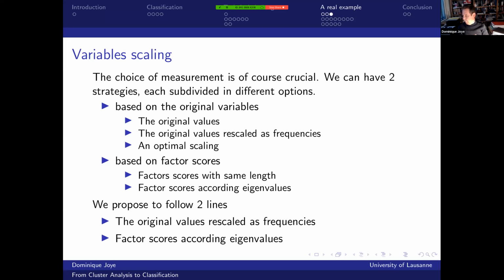So I will show you two examples. One, which is a little bit strange but nevertheless, is the idea to rescale the original values as frequencies, so each day is 300, once a year is 1, and so on. And the second solution is to use factor scores, but it will be a little bit special factor scores. I will show you also this possibility. Okay?